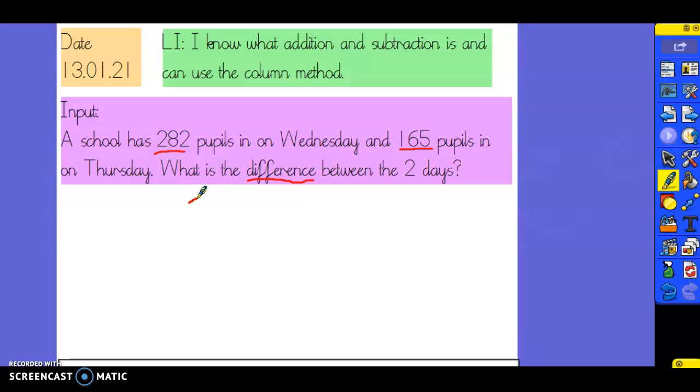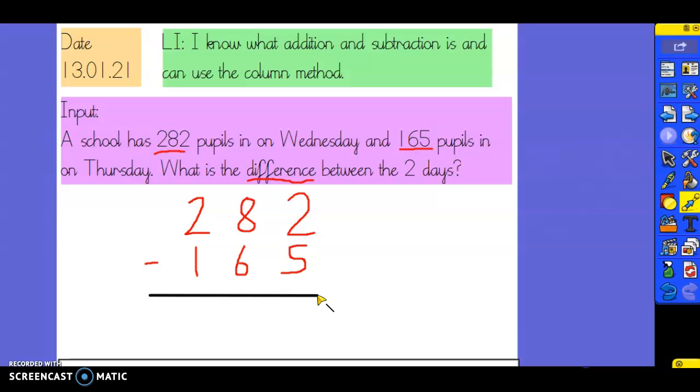So, we always start with the largest number, as always, 282, and then 165 underneath. A subtraction on the side. So start off with 2 subtract 5. We cannot do that because the largest number is below.